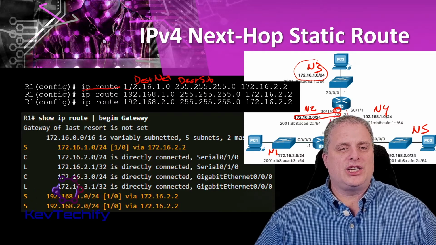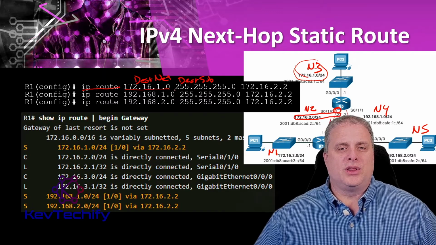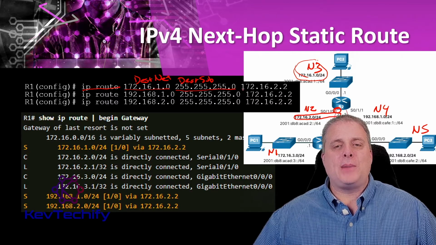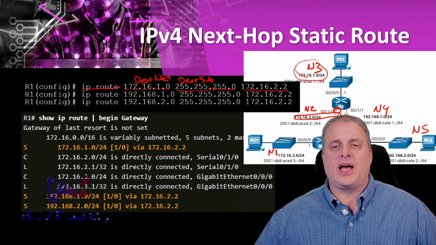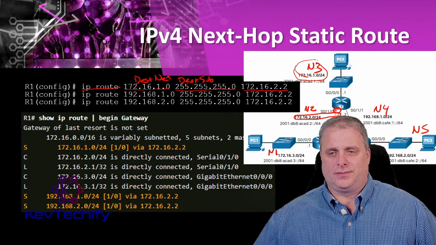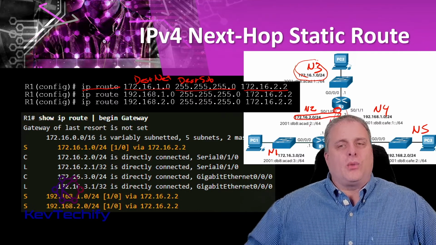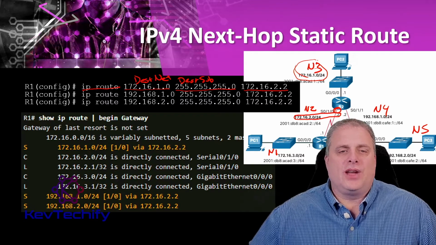Put our destination network address, that's our network 3 address. Put the subnet mask in there, and then you put your next hop IP address, 172.16.2.2. Once again, that's that address up here on R2 that R1 knows how to route to because it's a directly connected network. That will route all traffic to the next hop IP address for network 3.